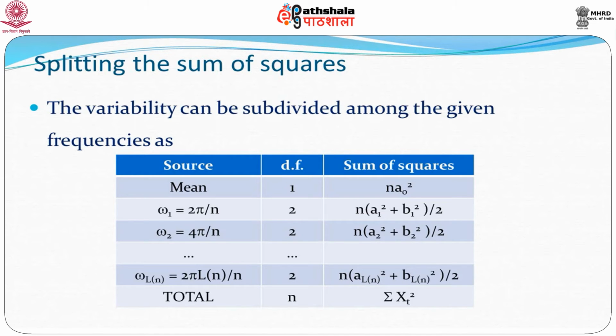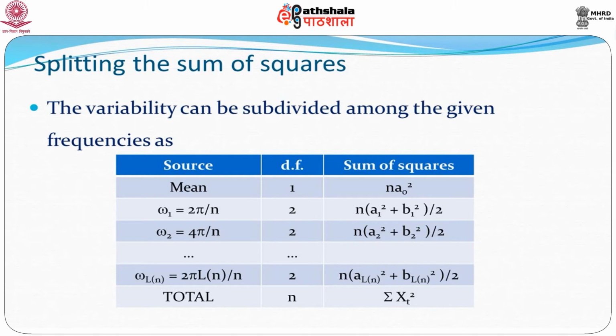frequencies. So, you break it up into the frequencies omega 1, omega 2, up to omega ln, and now you see that the sum of squares or the periodograms are the sum of squares. So, the periodogram tells you which of these frequencies contributes most to the variability.